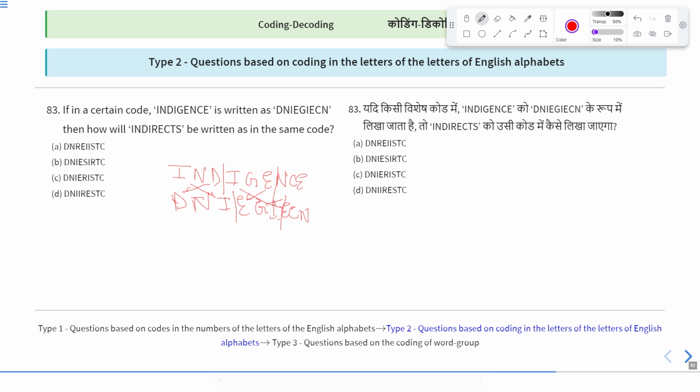E I G E, three letters taken together, then E G I, again the third and first letter swapped. N C E becomes E C N, first and third letter swapped.